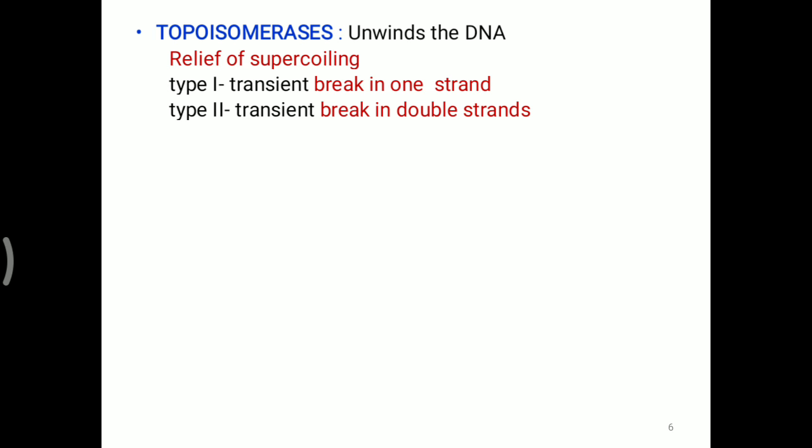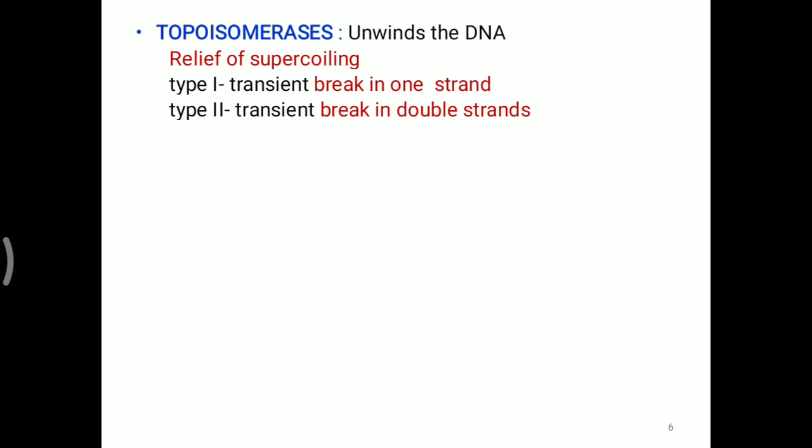The same thing will happen in the DNA molecule. This supercoiling needs to be relieved with the help of topoisomerase 1 and 2. Type 1 makes a transient break in one strand, so that supercoiling is relieved. Type 2 makes a transient break in both strands of the DNA. So the ultimate purpose is unwinding the DNA and relief of supercoiling.